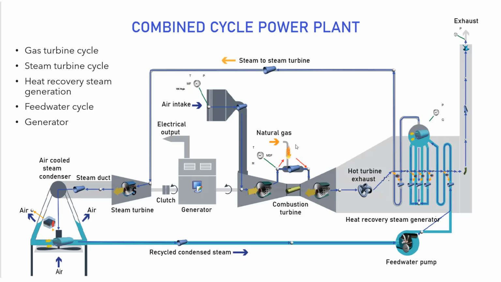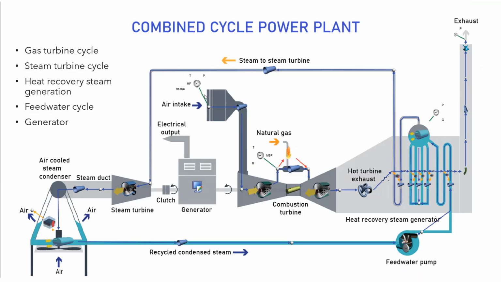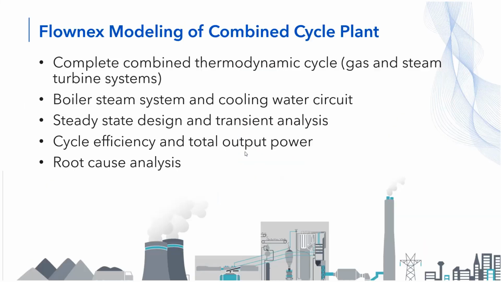Also changing the atmospheric condition that we have. It depends if it is a rainy day or non-rainy day, and what information we have for the air intake that we have here. These are also useful for root cause analysis, to find out what we can have in different scenarios.